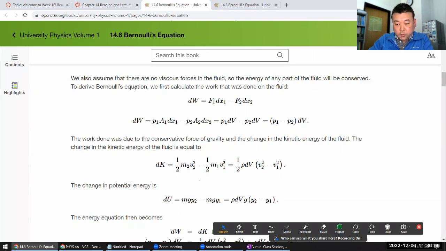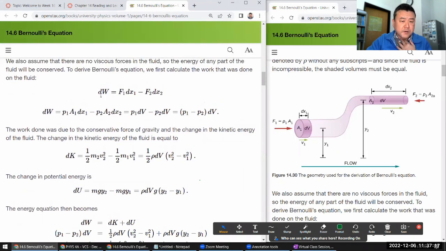To derive Bernoulli's equation, we first calculate the work that was done on the fluid. So they have this quantity they are labeling with dW. d means infinitesimal or very small amount. So very small amount of work done. They are saying that's the force on this fluid element, F times displacement dx1.